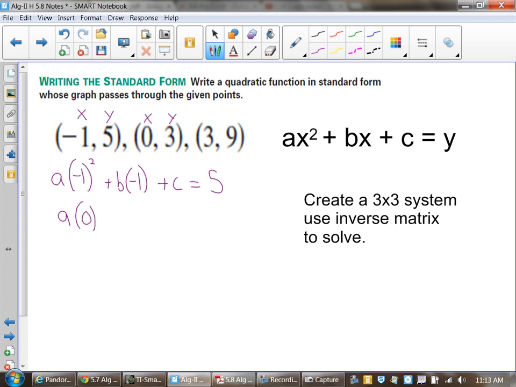A times 0 squared plus b times 0 plus c equals 3. A times 3 squared plus b times 3 plus c equals 9.